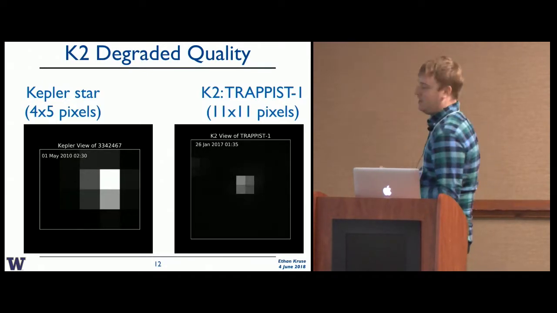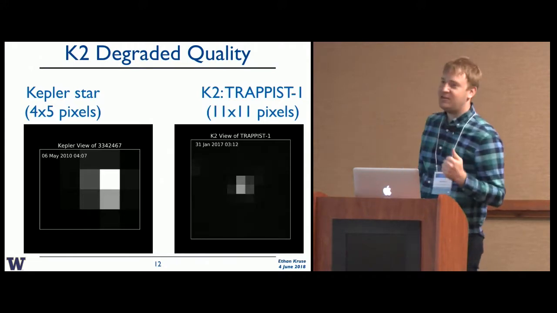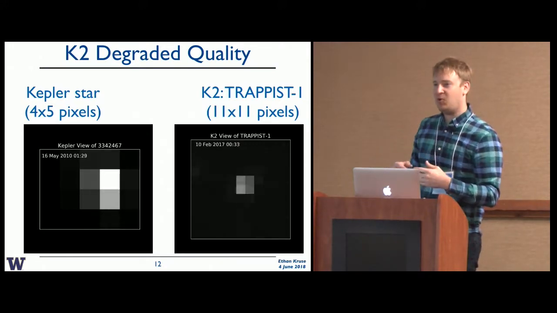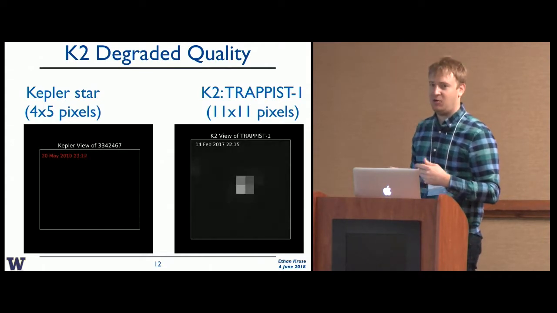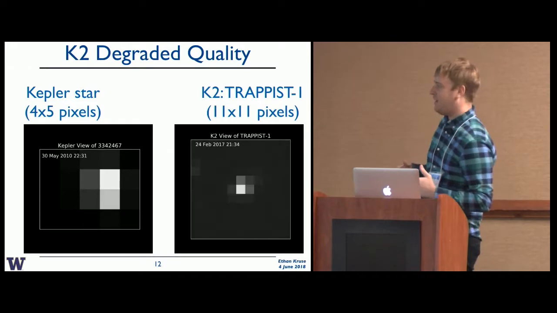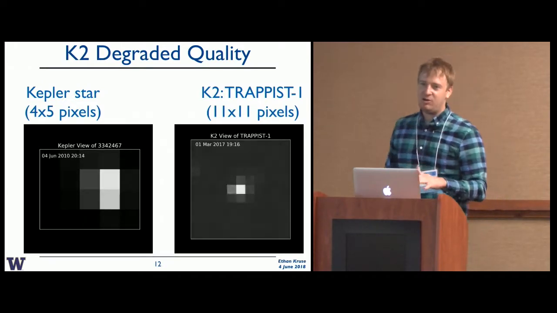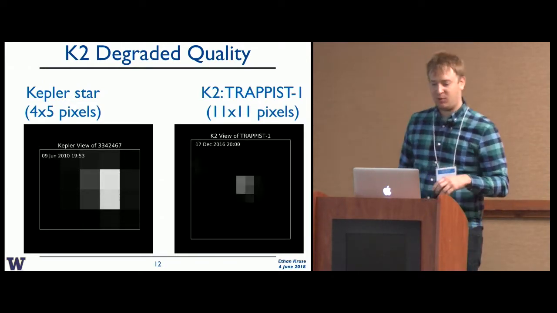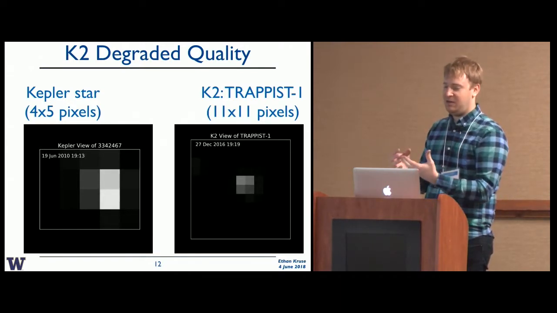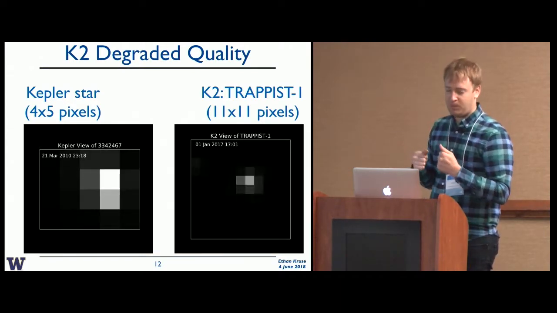And on the right is K2, and it's still keeping the star roughly in the same spot, but it's no longer perfectly oriented. And this extra noise is enough to cause about a factor of 4 decrease in quality in your light curves, which makes it a lot harder to find planets, especially when you only have 90 days of data to look at instead of 4 years.